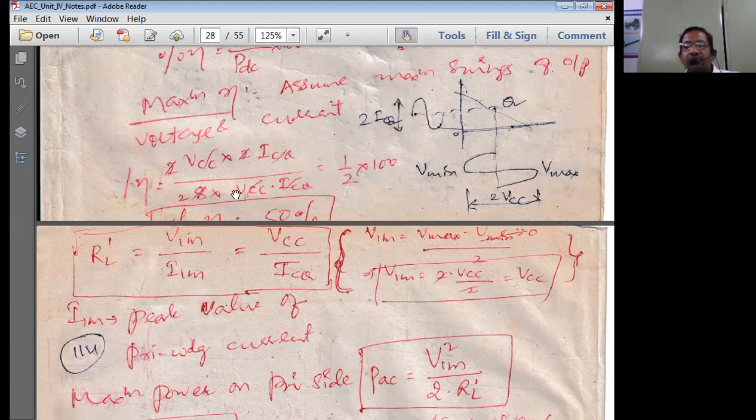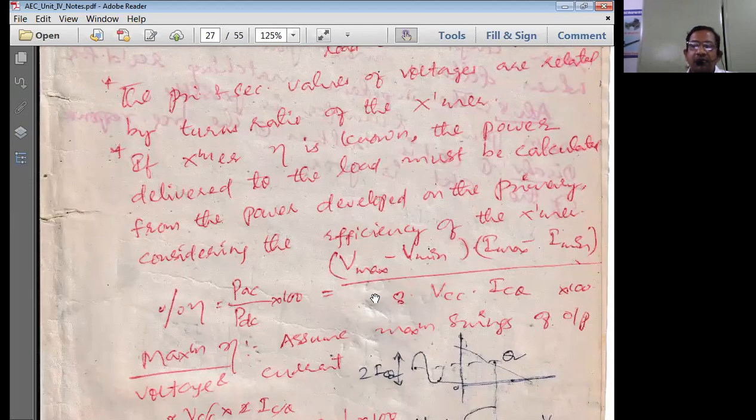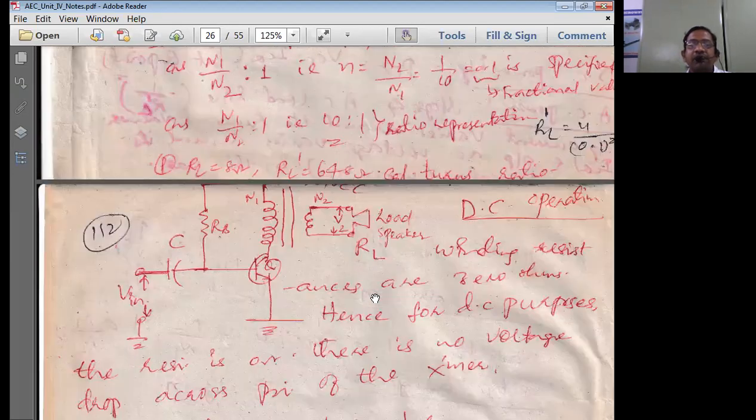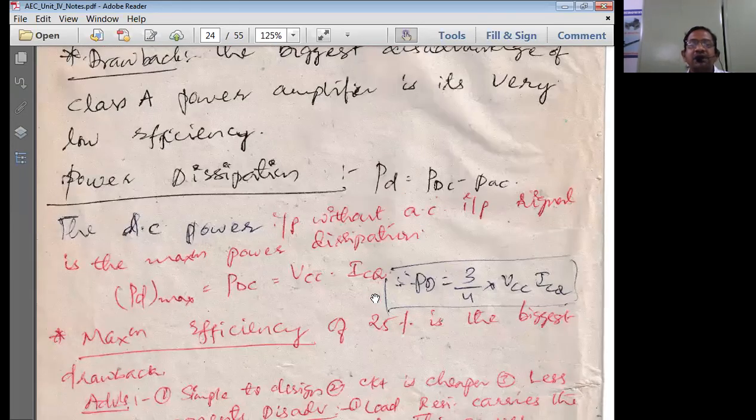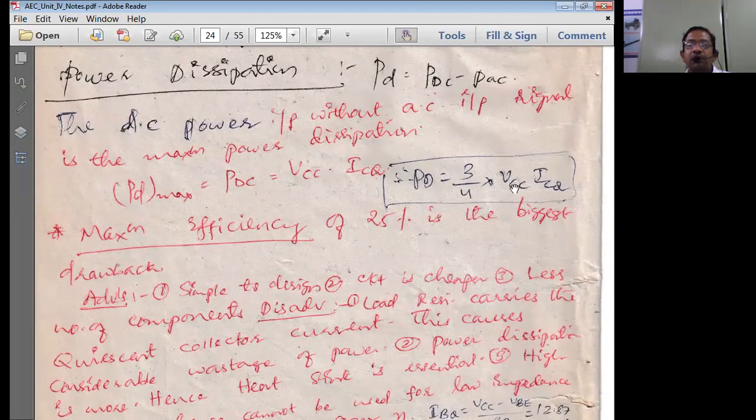So therefore, we get half of this power as the power dissipation, which is somewhat less than what we got for the class A power amplifier without transformer coupling, which was 3/4 of VCC into ICQ. Now using transformer coupling, we have got 1/2 times VCC into ICQ.